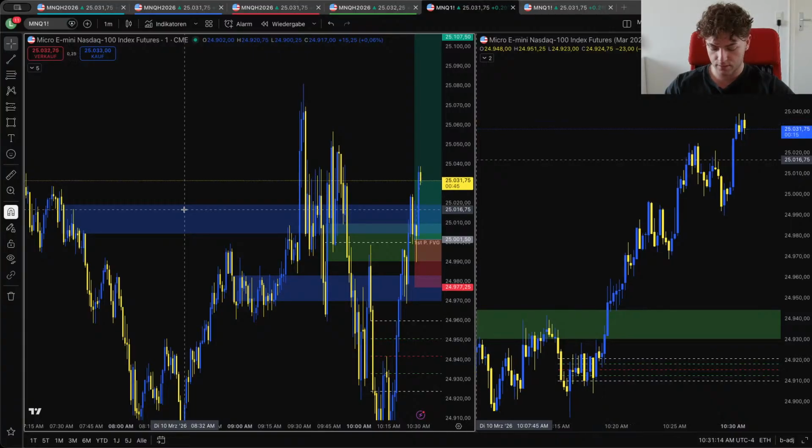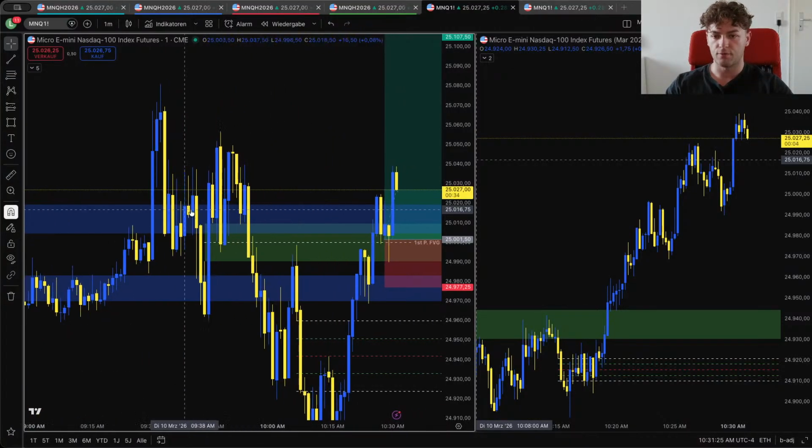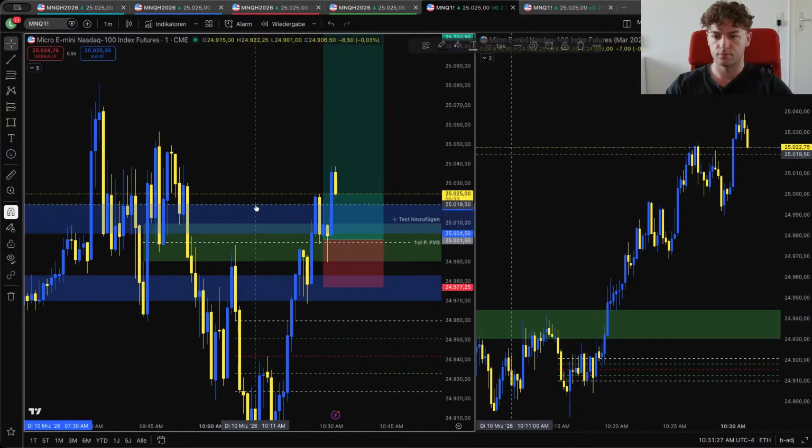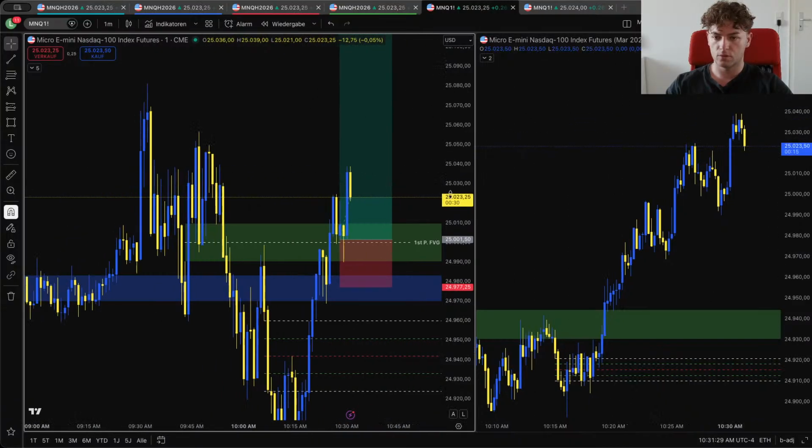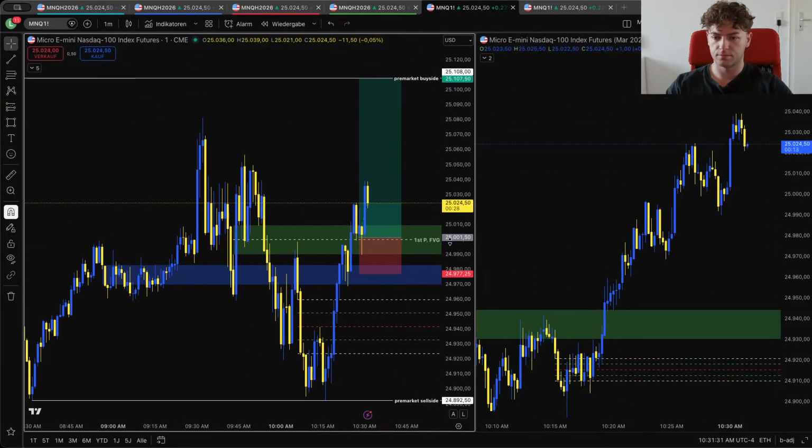MNQ testing opening range gap high and first percent fair value gap low. Ideally no bodies left in the lower half of the first percent fair value gap. Very nice reaction. Yes, very nice reaction. So seems like our trade is panning out.